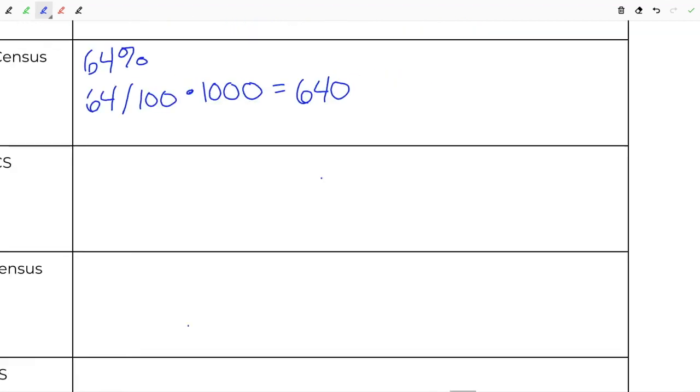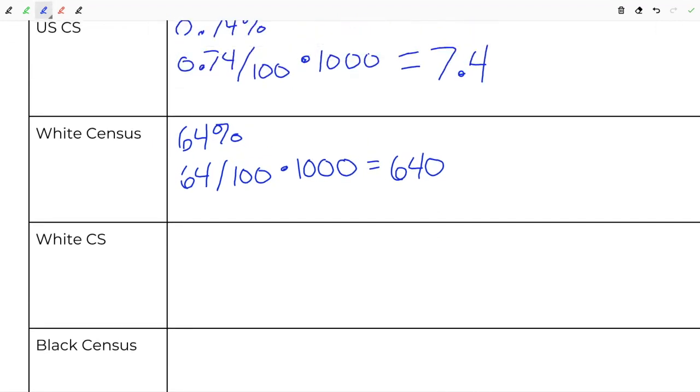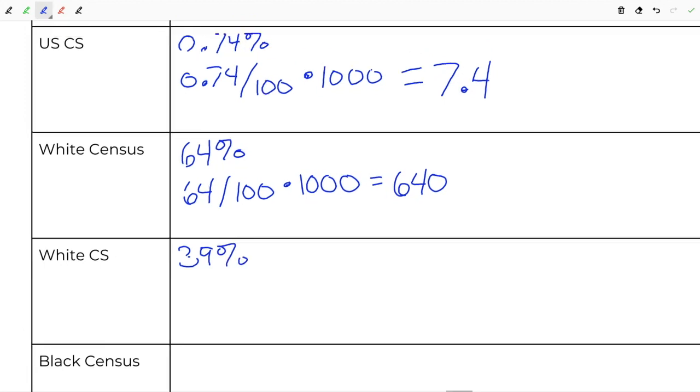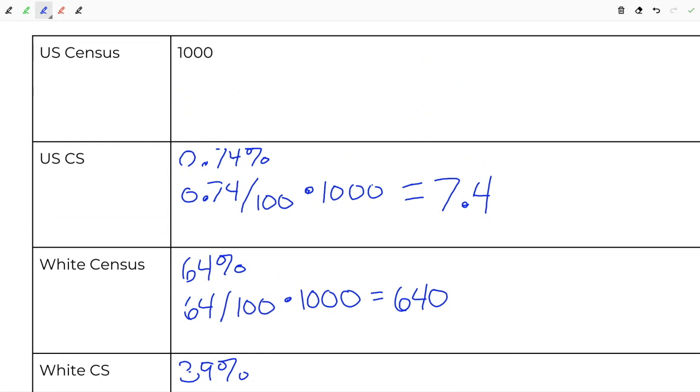How many white people are in the correctional system? This is where things get a little bit confusing. So 39% of the correctional system is white. This isn't 39% of the 640 white people, and this isn't 39% of the 1,000 people in the room.